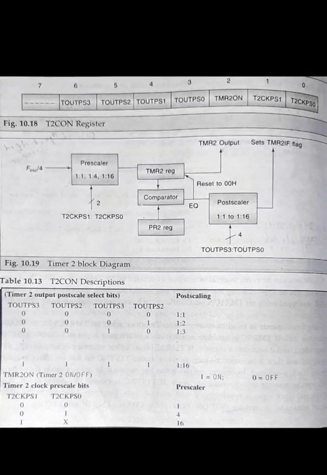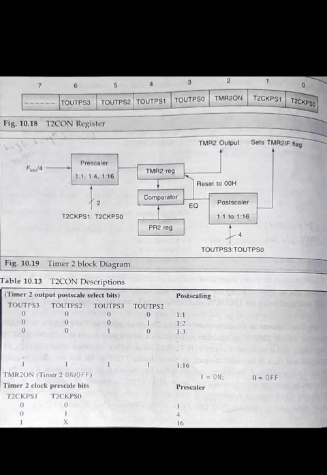The Timer 2 workflow is as follows: it gets the clock from the oscillator frequency divided by 4 and then goes to the prescaler. The prescaler divides the incoming clock frequency by some factor; it may be 1, 4, or 16.